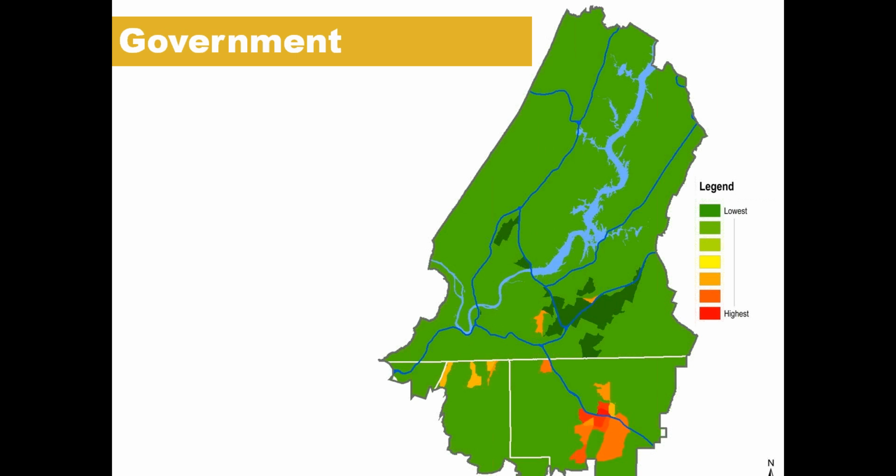And then our final one is government, and government's the problem in our model at this time, because we have some negative allocations going on here. The areas in dark green are negative allocations, but they don't really make sense because there's not a whole lot of government employment in those areas.